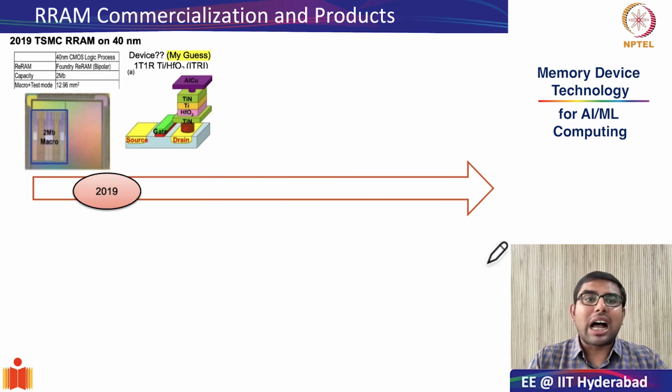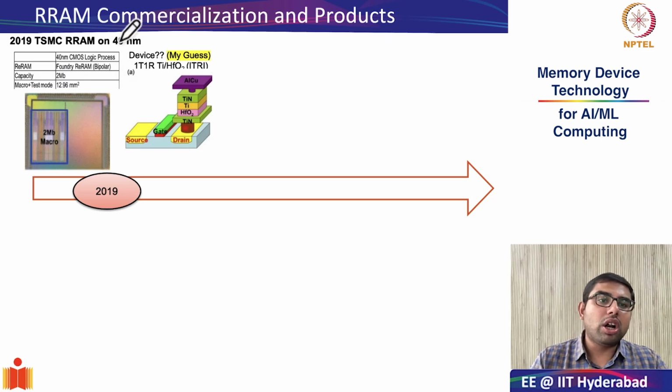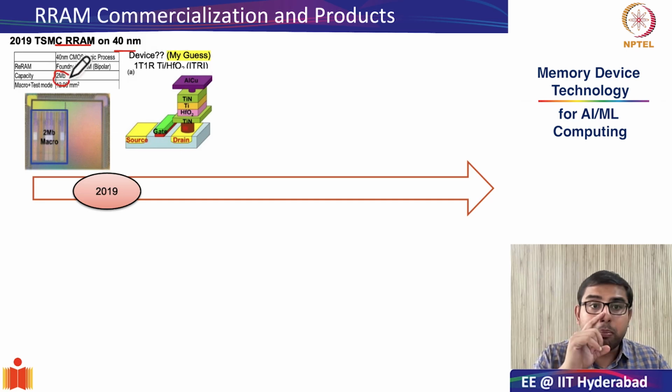And at least for RRAMs, it seems like the big giants like TSMC and Intel came slightly late to the party. So in 2019, TSMC showed their first work on RRAMs on the 40 nanometer node with a very tiny capacity of 2 MB per macro.